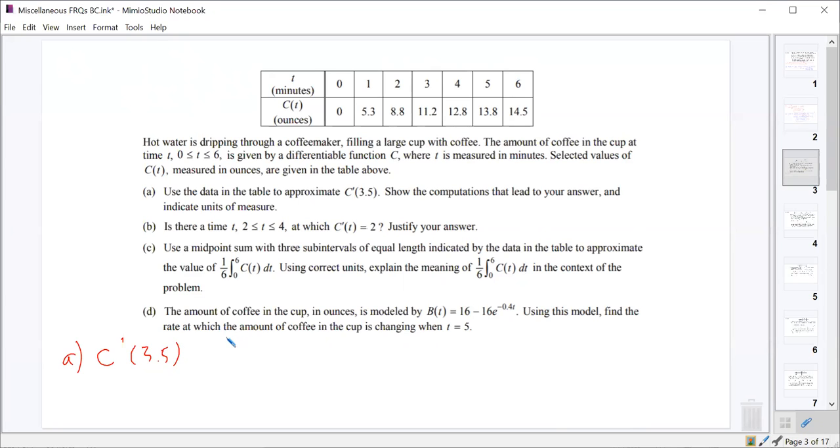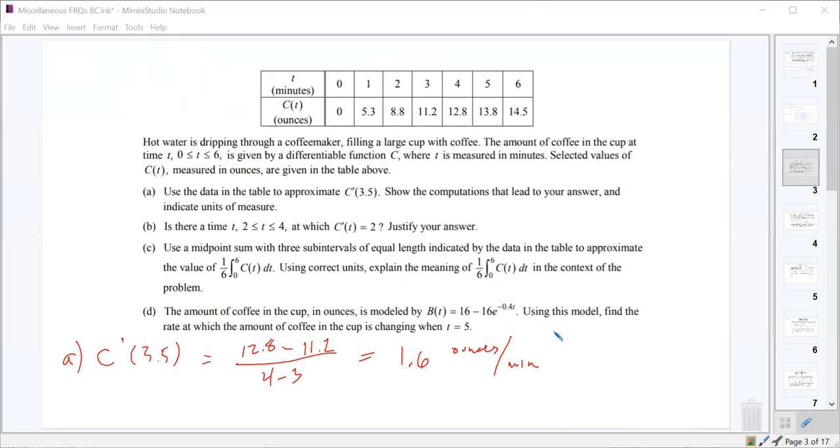So C prime of 3.5 ought to be our value at C of 4, so that's 12.8, minus our value at C of 3, which is 11.2, over our 4 minus 3. And 12.8 minus 11.2 is 1.6 over 1, and this is ounces per minute.